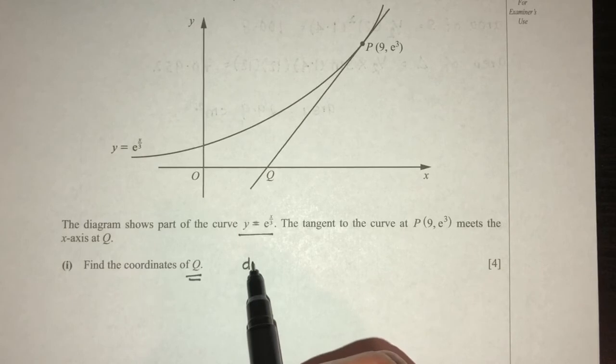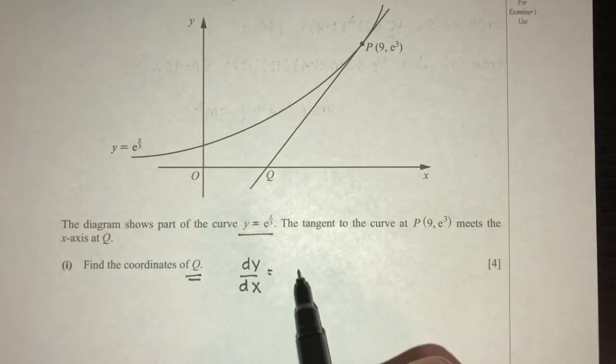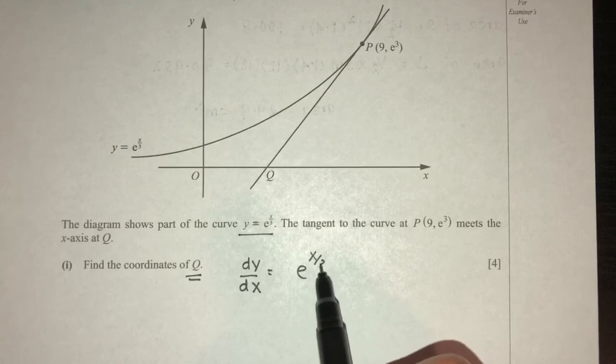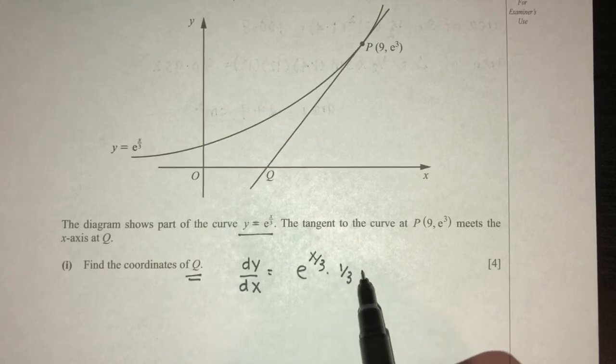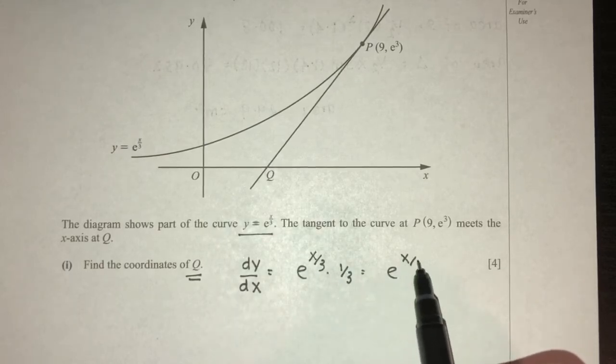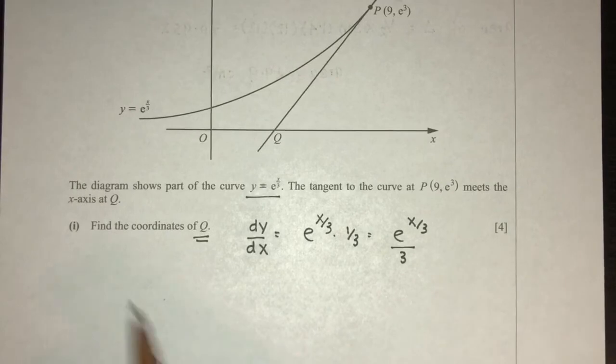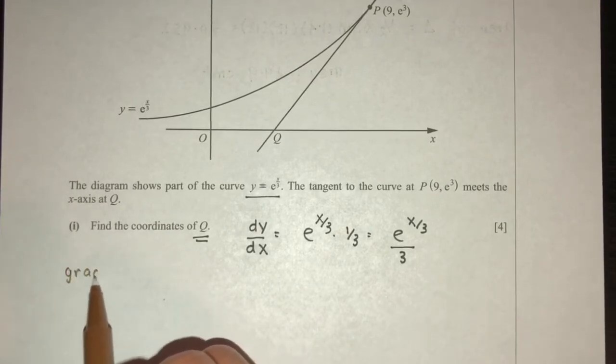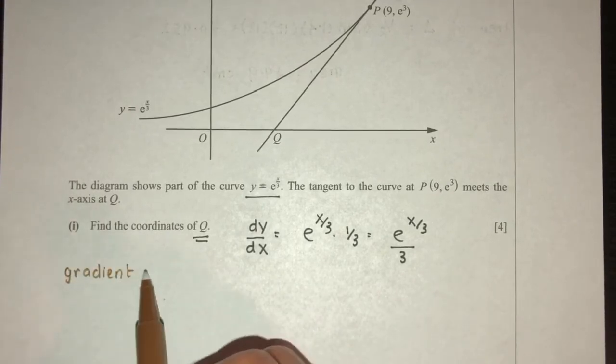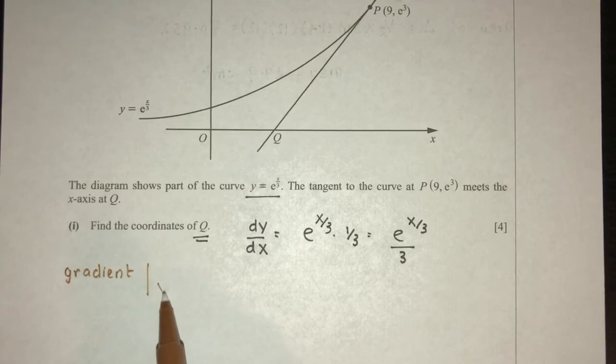We first have to find the gradient of the tangent, which is dy by dx. That will be exponential x over 3 times 1 over 3, which is exponential x over 3 divided by 3. Now we have to find the gradient of the tangent at the value of x equal to 9.